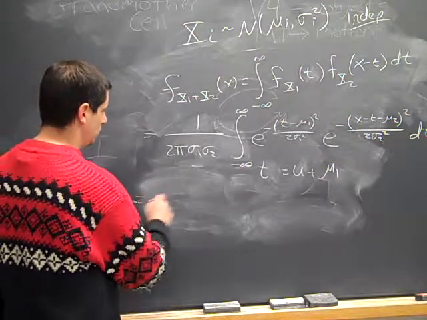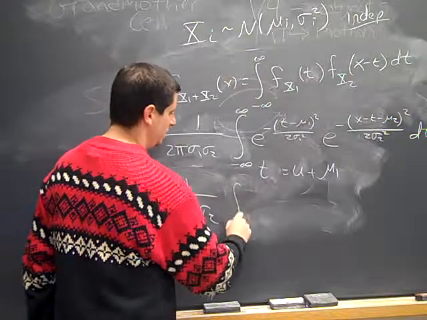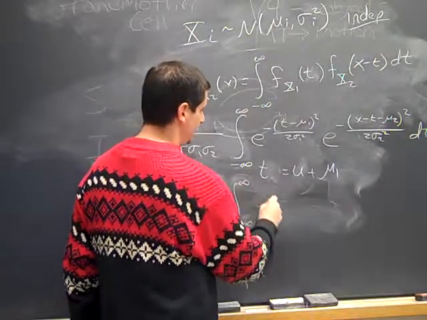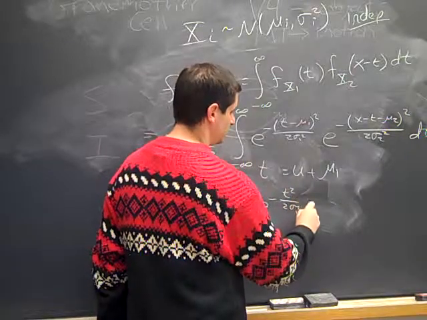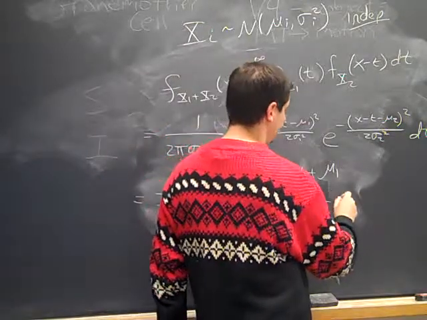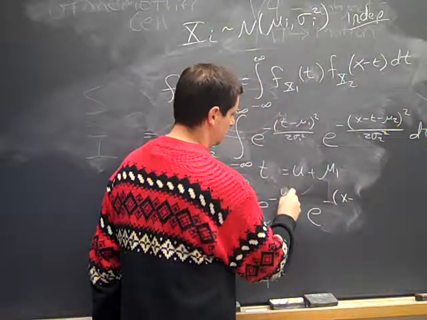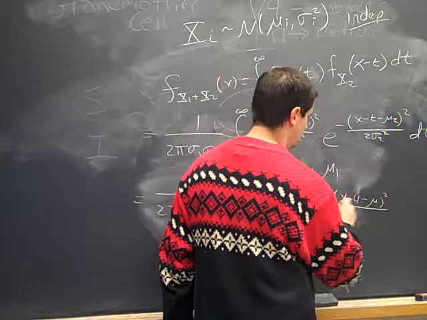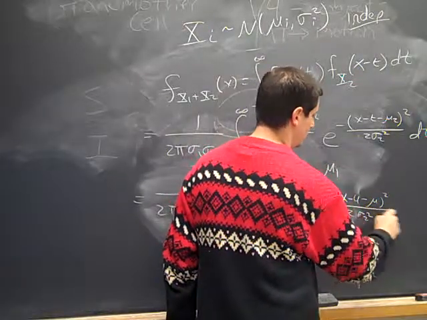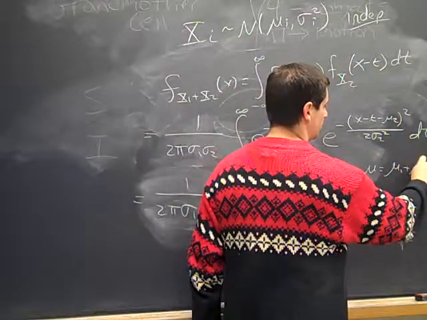And so now I'll get 1 over 2 pi sigma 1 sigma 2, integral from minus infinity to infinity, e to the minus t squared over 2 sigma 1 squared, e to the minus x minus, oh, I'm sorry, I'm now using the letter u, x minus u minus mu squared over 2 sigma 2 squared du. And I'm letting mu be mu1 plus mu2.